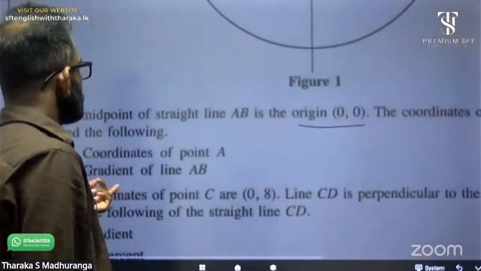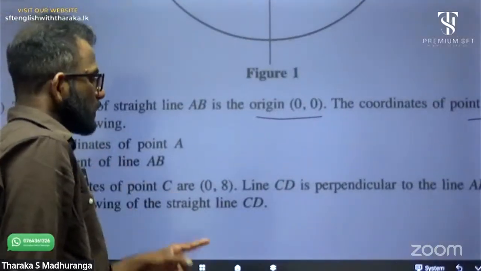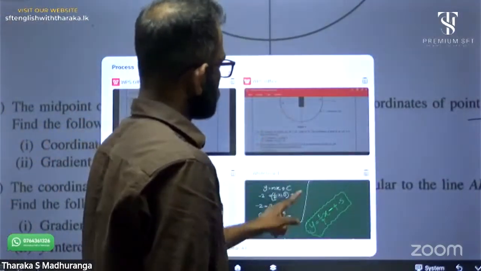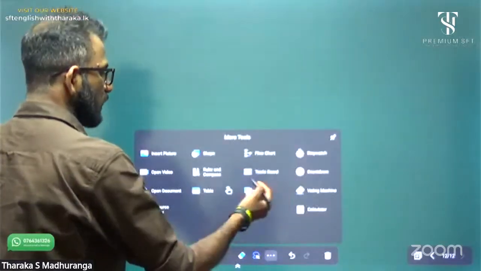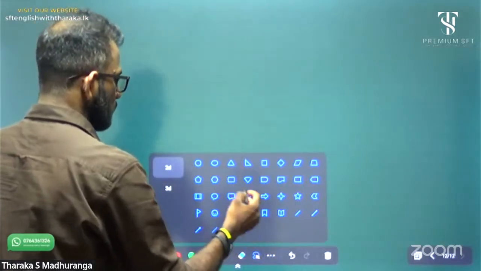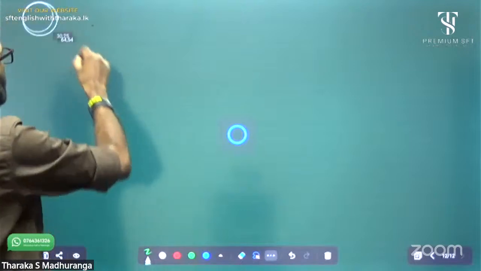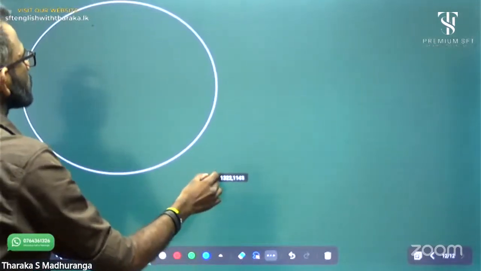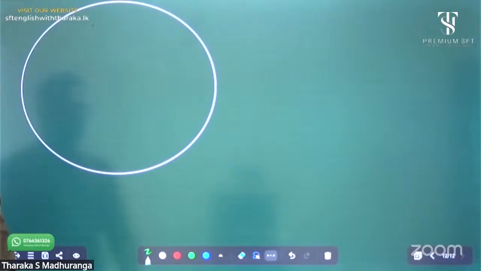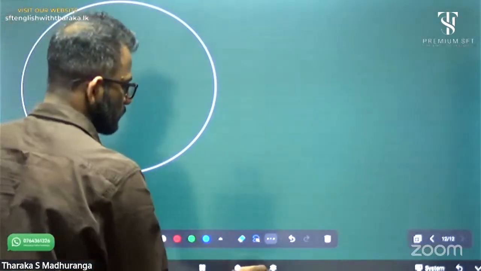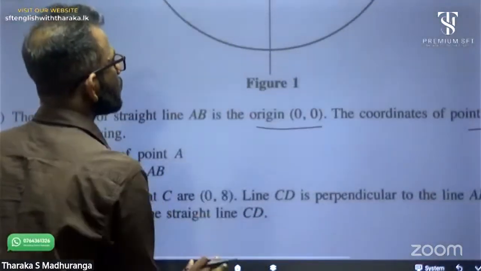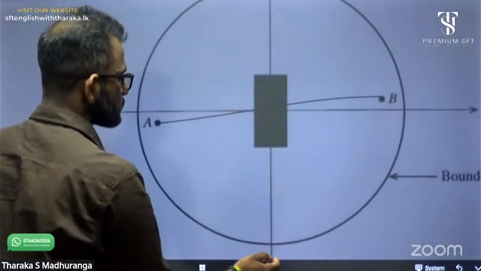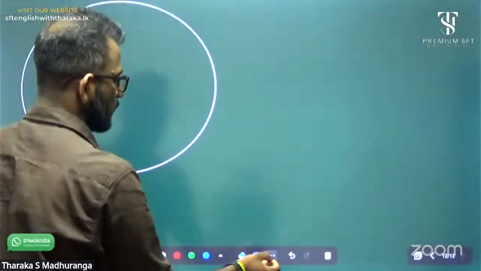Now the question gives AB a straight line with midpoint 0, 0. I'm going to draw that on our board for easy understanding. Think of this as the ground, and for easy understanding, it is placed on a Cartesian plane like this.